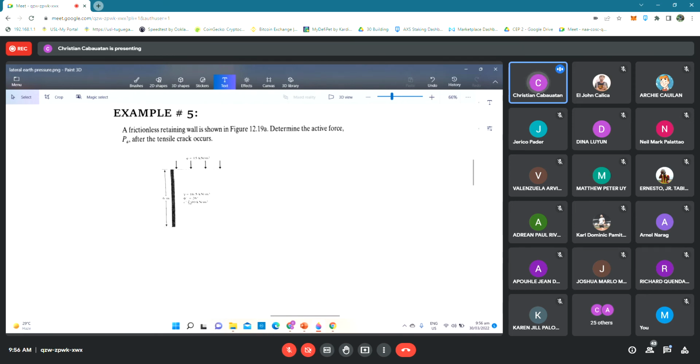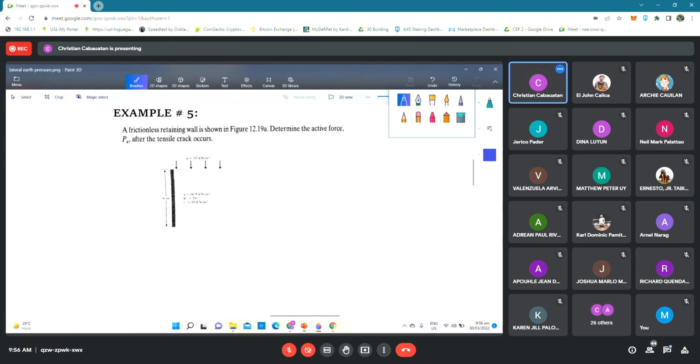There is a cohesion of 10, its internal friction, which is 26, and its gamma, which is 16.5, and its height would be 6 meters. Okay, so let's draw first its effect.